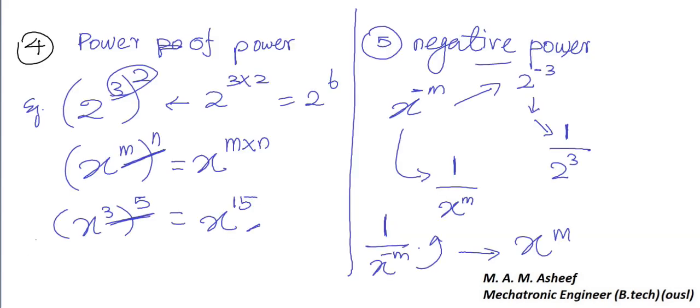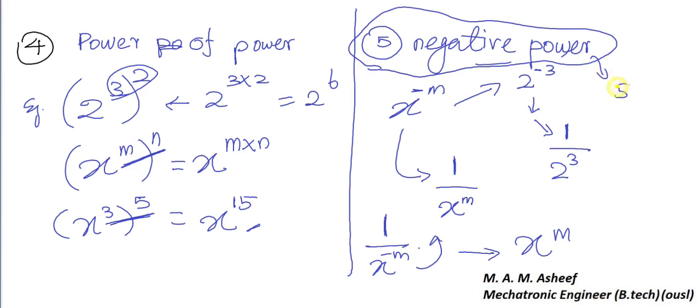Study this fifth law, negative power, a bit deeper. I am going to give you 5 examples. If you want a better learning experience, whenever I put an example and give you the question, before you see the method, pause and try yourself, then check the method for the first one.